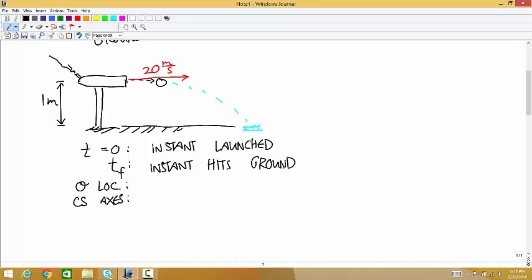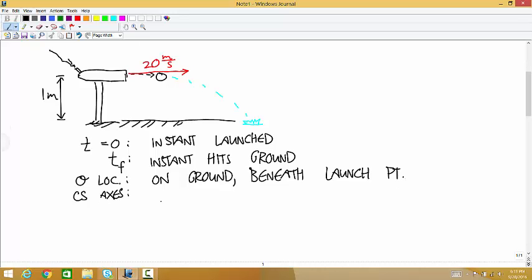The origin location, this is a choice I'm going to make a lot of times. I'm going to put it on the ground beneath the launch point. And then the coordinate axes, we're always going to choose the y-axis up. And that means the x-axis has to be horizontal because they're perpendicular.